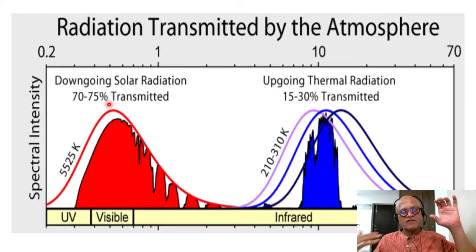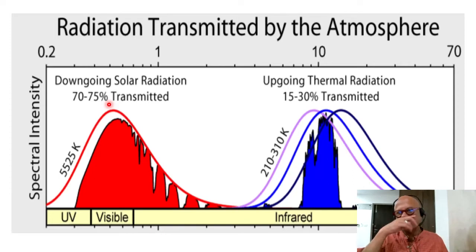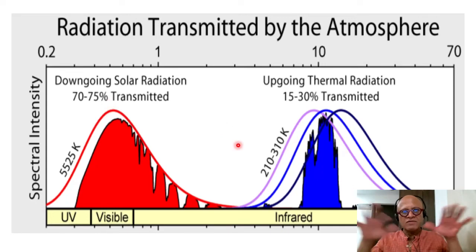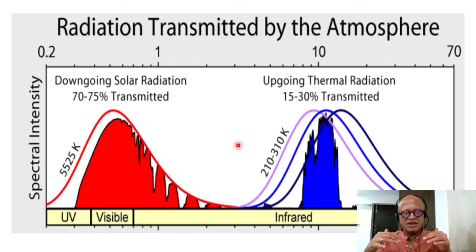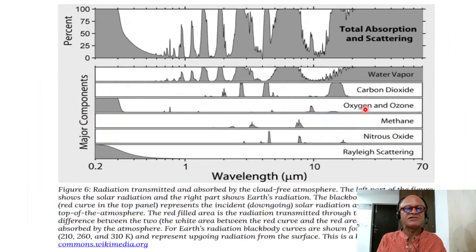And of course a lot of it goes into evaporation and so on. So how the energy gets distributed once it's come in is another issue. But whatever is happening when temperature changes because of the energy that has come in is going to determine how much of the long wave energy is going back out. So we are looking at 210, 260 and 310 Kelvin radiation energy bands here.